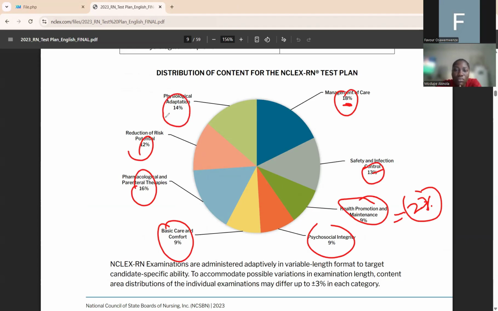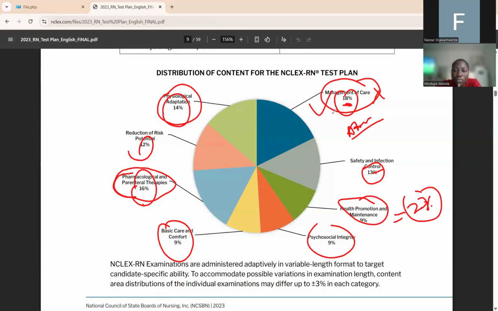Another thing is, imagine failing this part, because you need to be above the passing standard. Imagine having near the passing standard or below the passing standard in each of these areas. The person has already failed the exam because these are top tested areas.